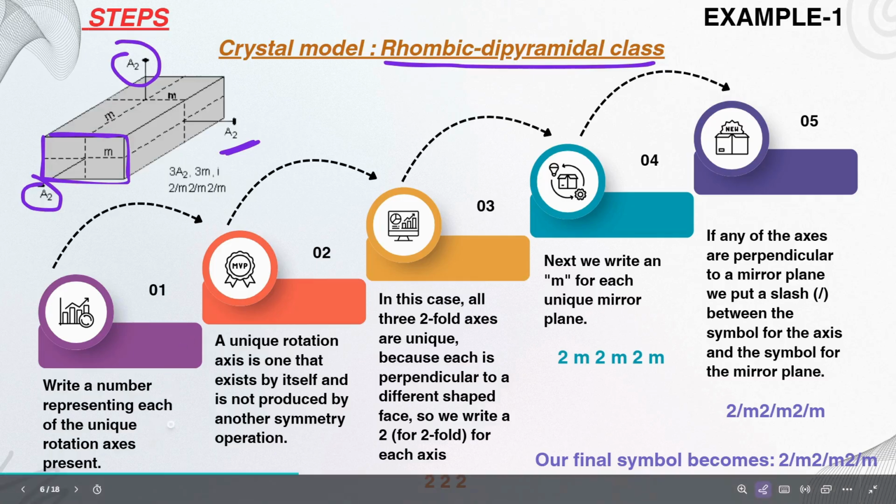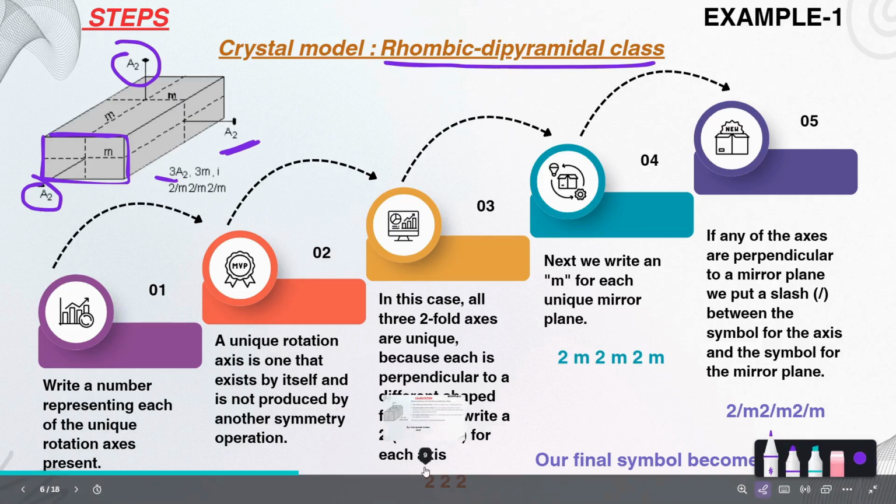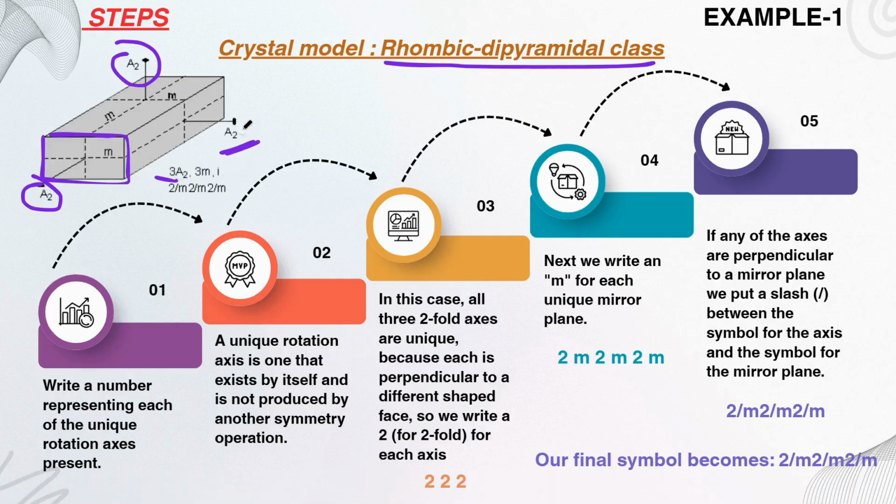So we have three twofold symmetry axes, and that's what is written here: 2 2 2. Then we can also see the planes of symmetry: one passes perpendicular to the A axis, similarly the other one perpendicular to the B axis, and similarly one perpendicular to the C axis.